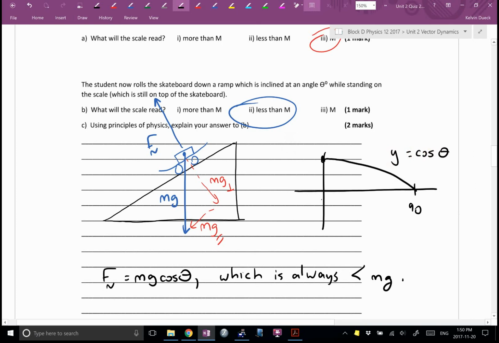So not only do I know that it's less than mg, I know that the closer you get to 90 degrees, since cosine gets close to 0, mg times cosine will get close to 0. There's a graphic proof of why the normal force will be 0 when you get to 90. There's all sorts of options. You can go really, really deep. But you haven't seen those graphs yet.